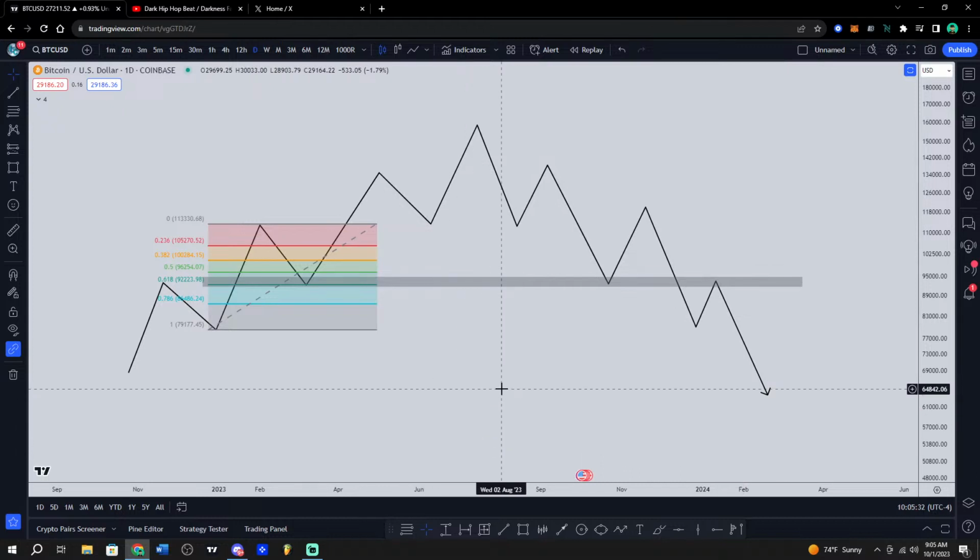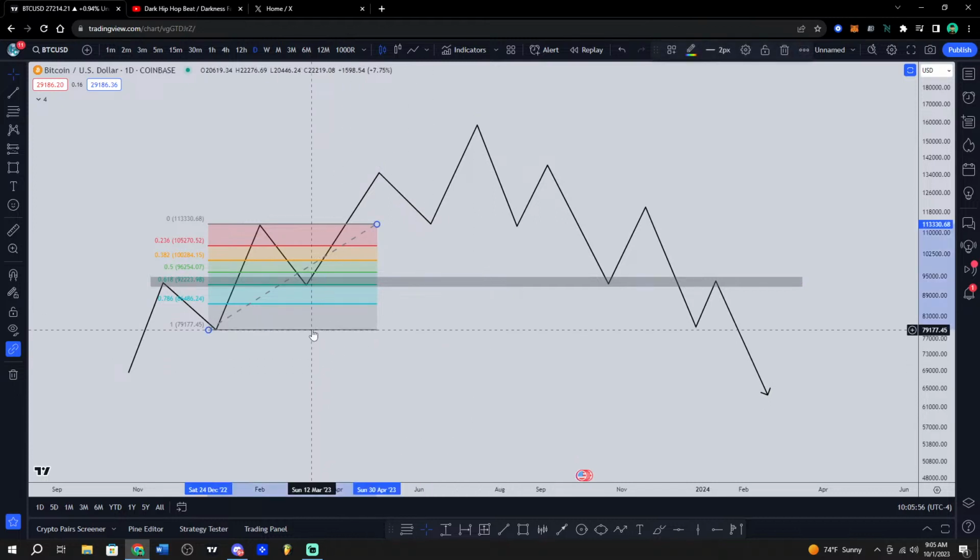In today's live, I'm going to show you how to identify this market structure. Then I'm also going to tell you how to identify support and resistance. Here's our support and resistance. And then I'm going to go over the Fibonacci, which will give you a better understanding of how that is used.